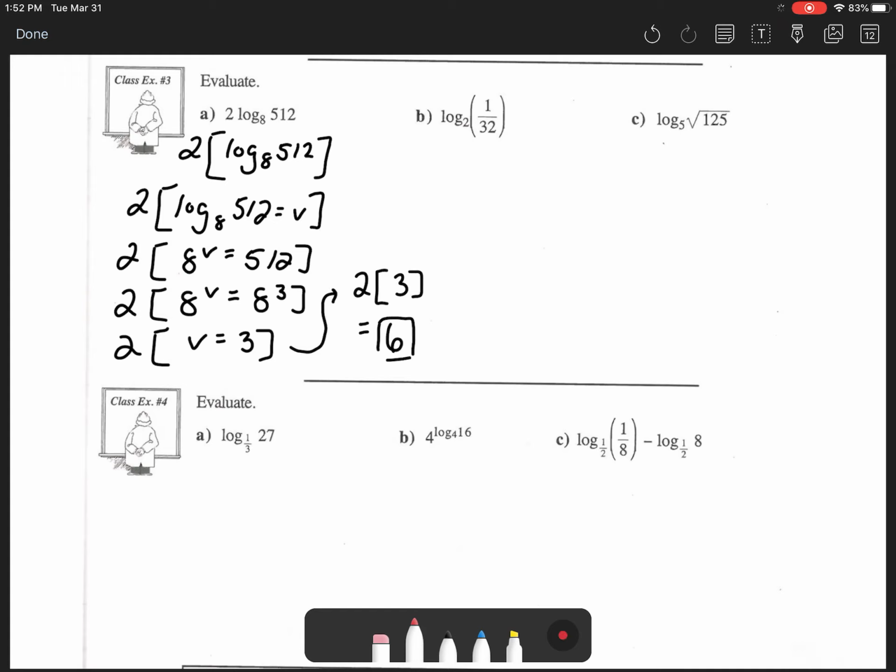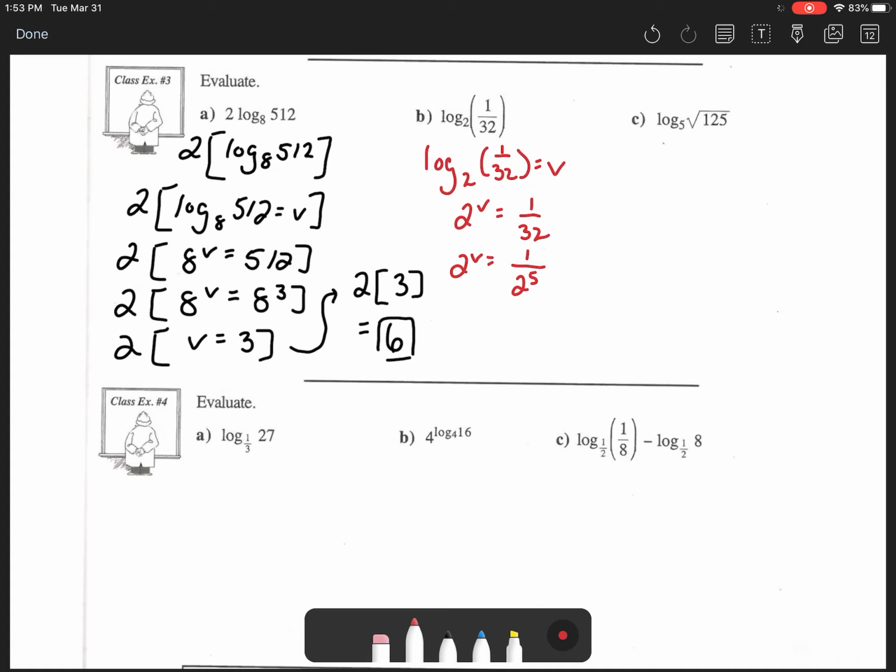There's the first one. Okay, second one, start the same way. Log base 2 of, and your argument this time is 1 over 32. So that equals v. Make the whole expression equal an unknown variable. Convert it into exponential form. So 2 to the exponent of v equals 1 over 32. Now the number 32, okay, you can see is actually 2 to the exponent of 5.